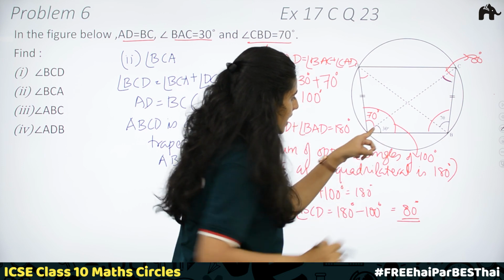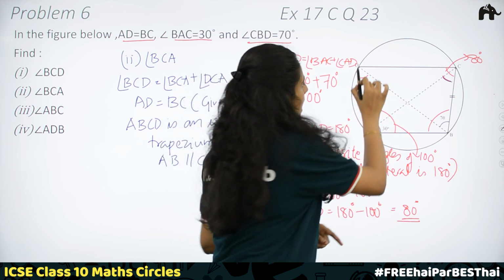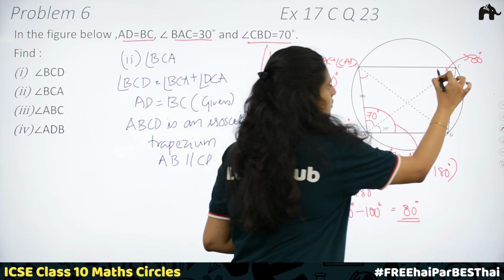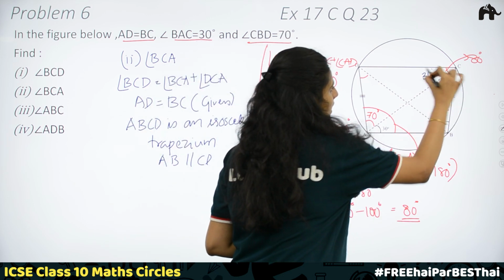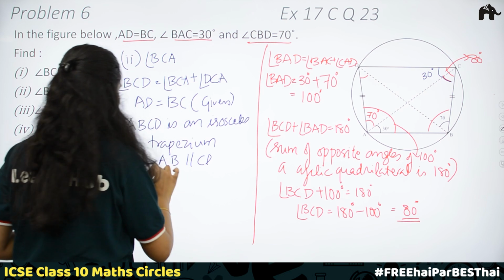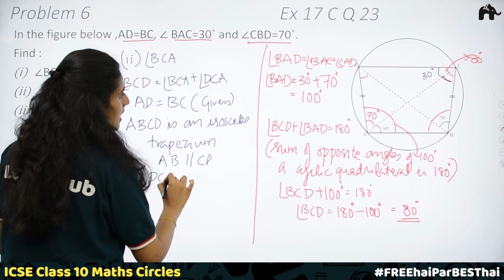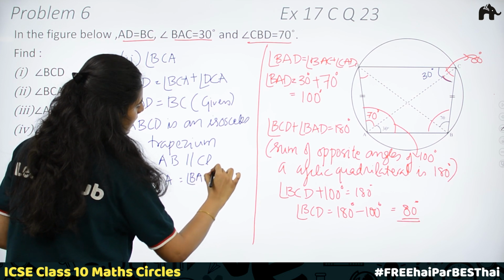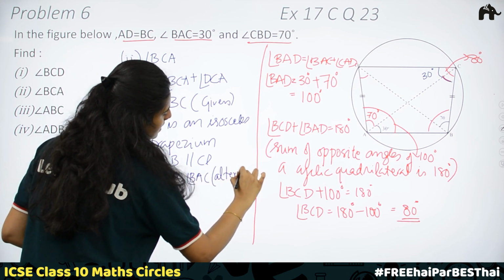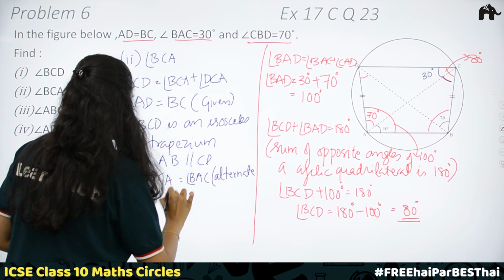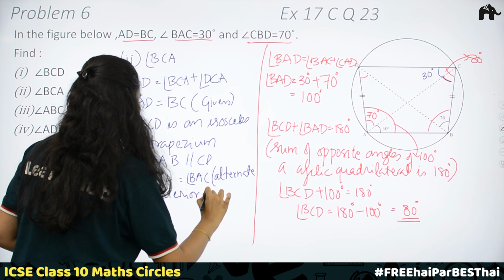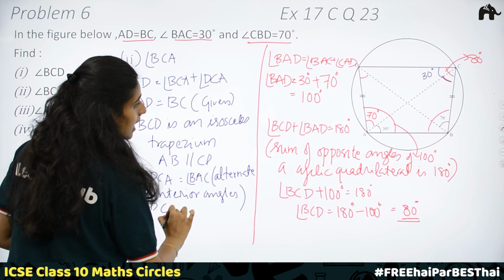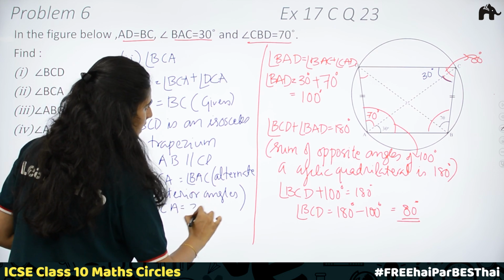Here this 30 degrees and angle DCA are alternate interior angles. Therefore, angle DCA is equal to angle BAC, and the value of DCA is 30 degrees.